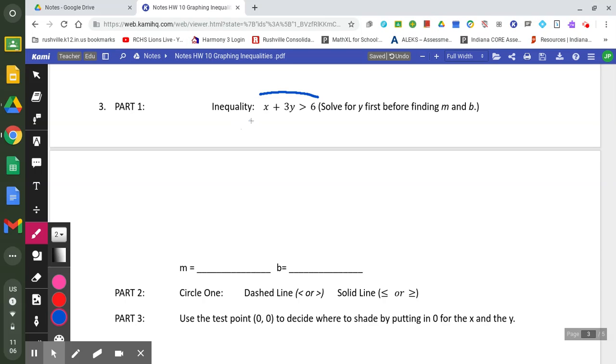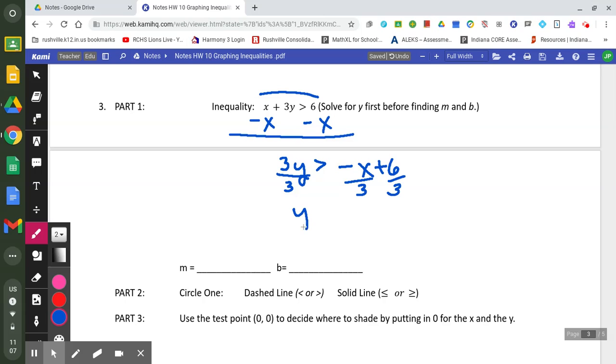So I'm going to subtract x on both sides of the inequality. That gives me 3y is greater than negative x plus 6. Then divide by 3, divide by 3, divide by 3. So this is y is greater than negative 1 over 3x plus 2.